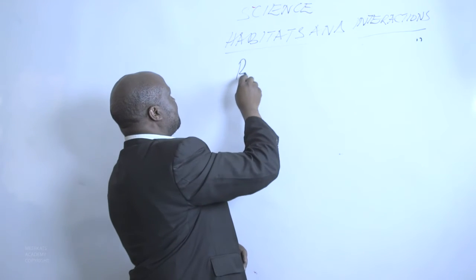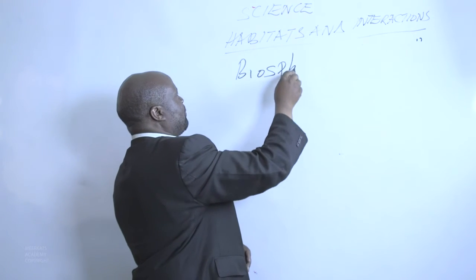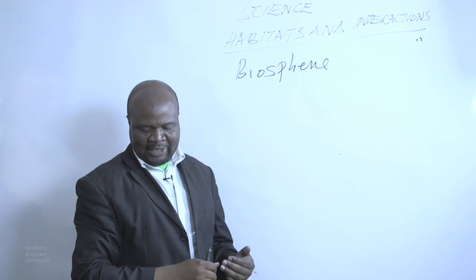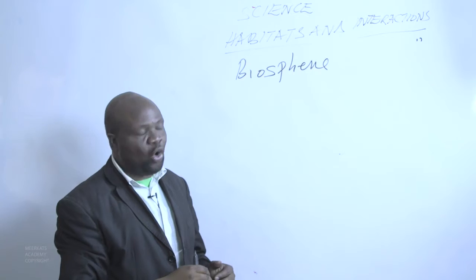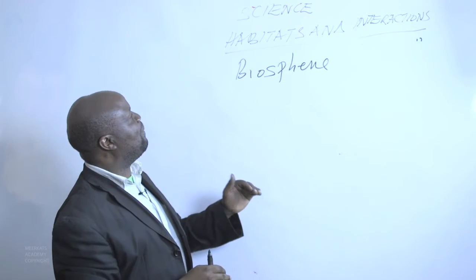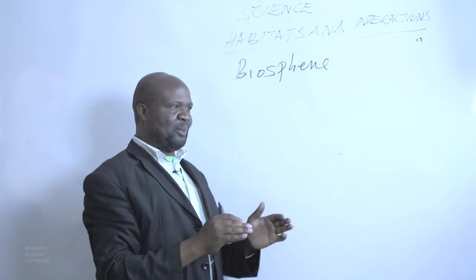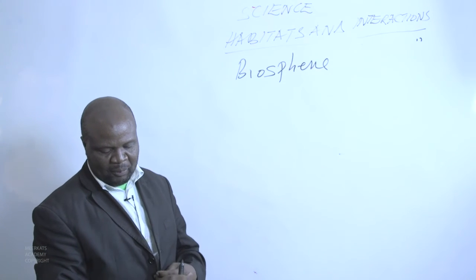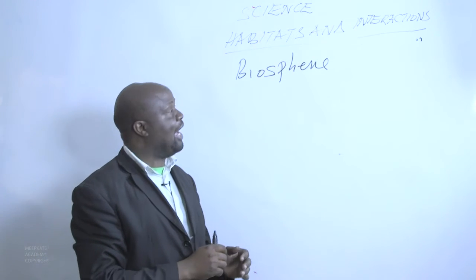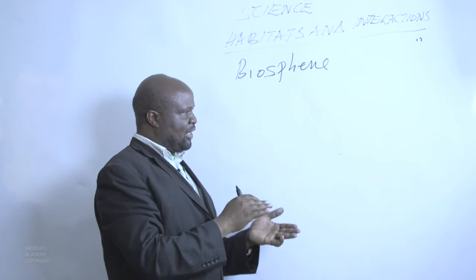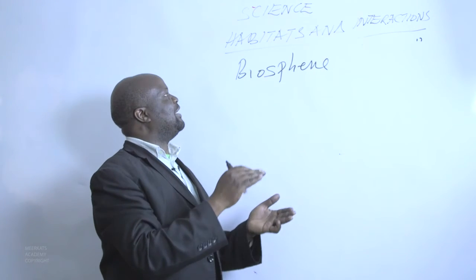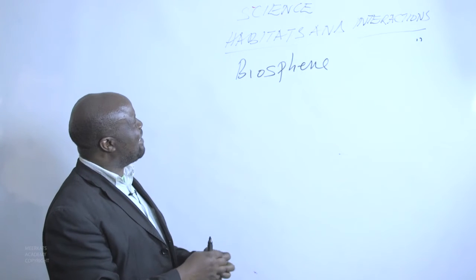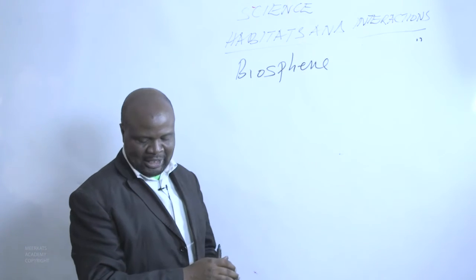When we talk of the biosphere, we are talking of a place where all life exists. Beyond the biosphere, there's no life altogether. This consists of the surface of the earth and its atmosphere. So on the surface of the earth and atmosphere, there is life. The relationship between the surface of the earth and the atmosphere enables organisms to exist in such an environment.